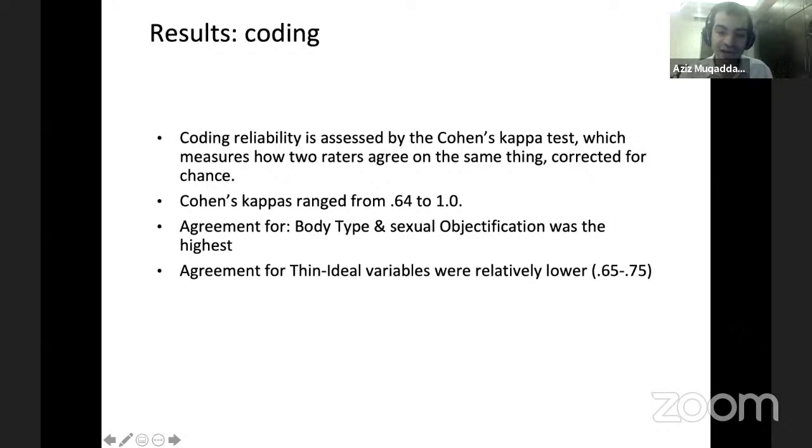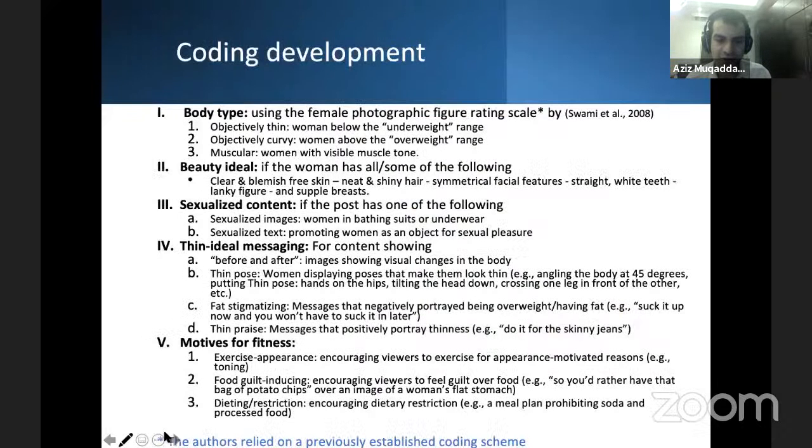For the thin ideal variables, agreement was relatively lower. So only around 65% to 75% agreement, which is still good, but relatively lower. So in the majority of cases, they agreed, right? And to remind you, the thin ideal variables are these right here. If it has been like a thin pose, right?